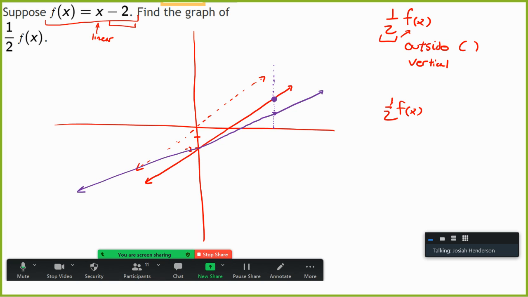If you multiply 1/2 times the function f of x, let's see what happens to all parts of that. 1/2 times f of x is like saying 1/2 times x minus 2. I'm just taking the whole parent function right here, parent, and we're going to multiply a half to it for this transformation.